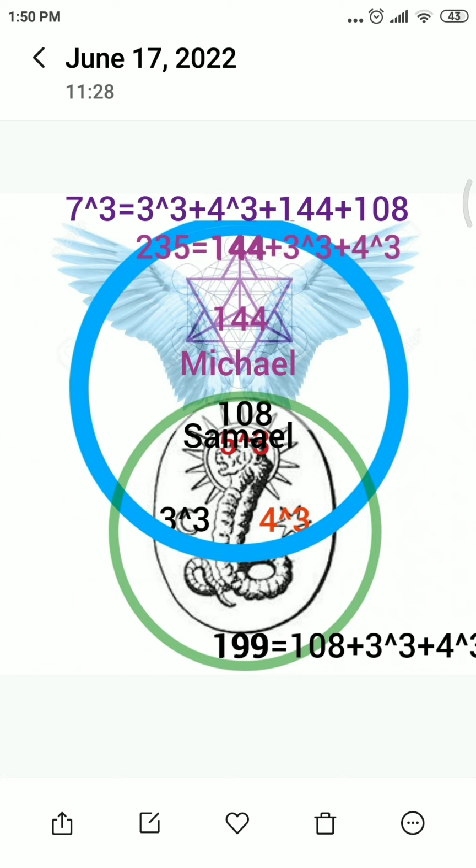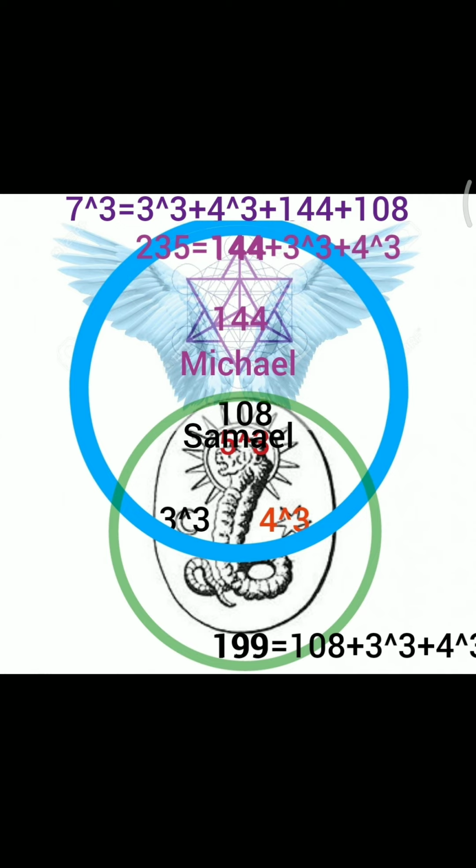It is a star with 5 vertices, right? The internal angle of the pentad is 108 degrees. So this 108 basically is another form of Yaldabath, another representation in the form of degrees.